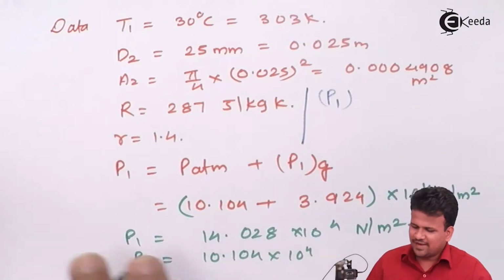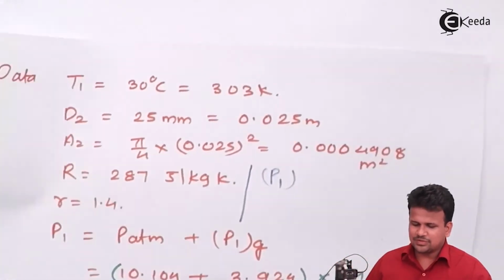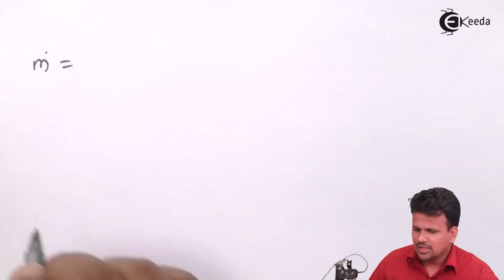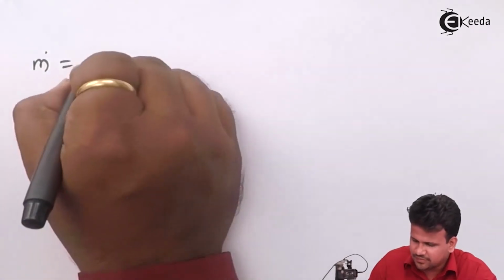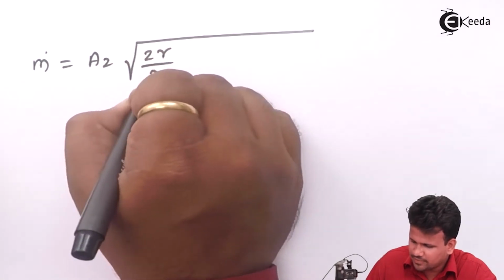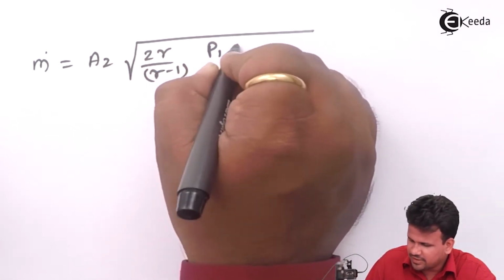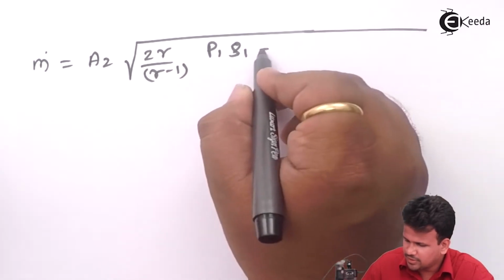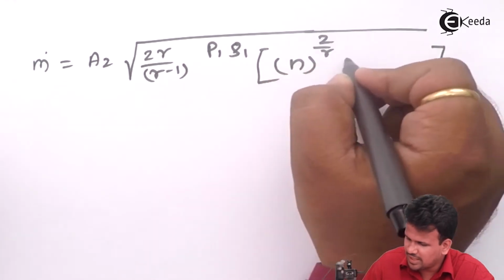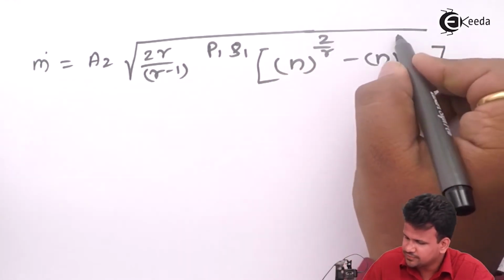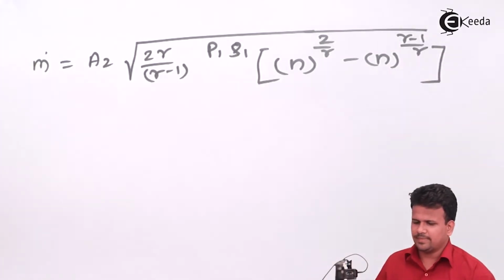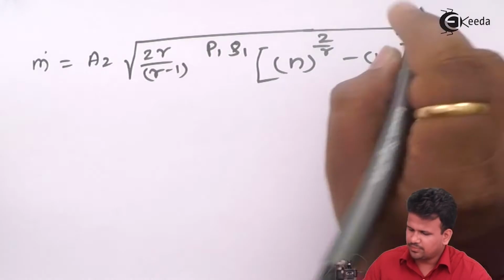Now, once we have seen all this data, we need to calculate the mass flow rate. Let us write down the formula for mass flow rate. The mass flow rate is equal to A2 into the square root of 2 gamma upon gamma minus 1, P1 by rho 1, into a bracket: the pressure ratio raised to 2 upon gamma, minus the pressure ratio raised to gamma plus 1 upon gamma.